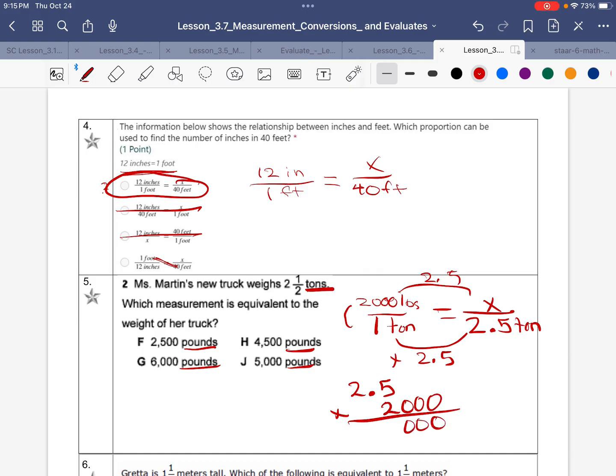Then 2 times 5 is 10. 2 times 2 is 4, plus 1 is 5. And now I have one decimal place, so starting here, it goes here. And there's my decimal right there. So it is 5,000 pounds. There you go.